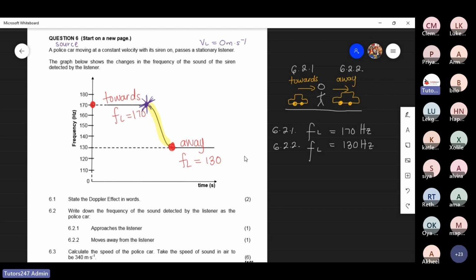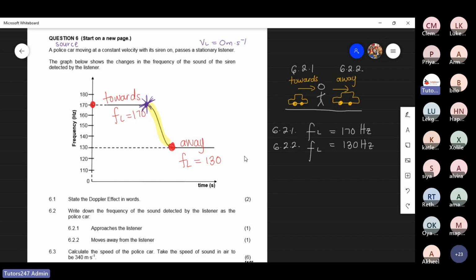They give you information for two different scenarios. So that is another indication that we need to create two different equations, one situation whereby we are moving towards, one situation whereby we are moving away, and we will then resolve this using simultaneous equations.